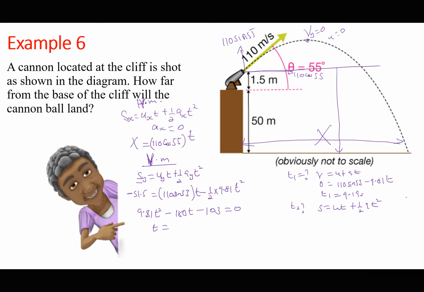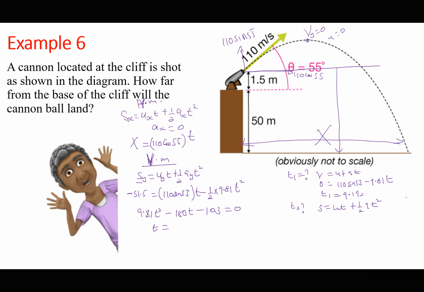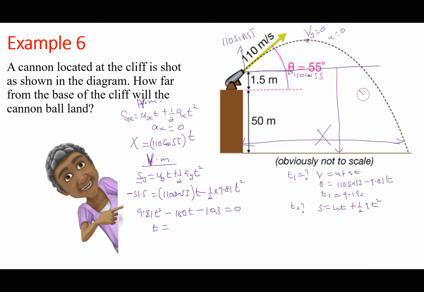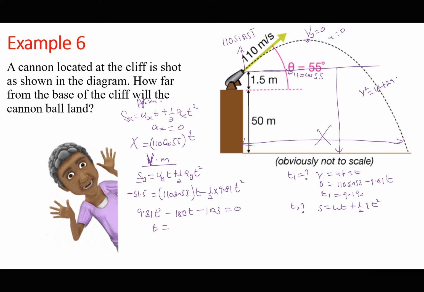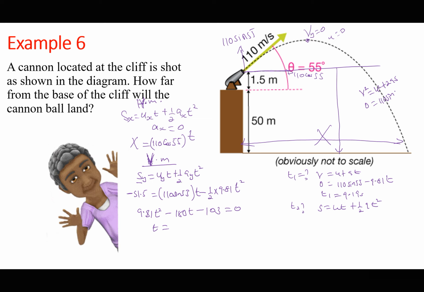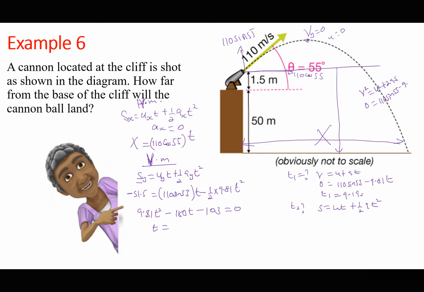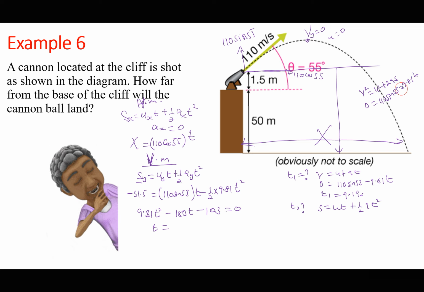So we're starting from the highest point. Unfortunately, we don't have S in the vertical. So that means I have again to find S in the vertical, but that is easy. V squared is equal to U squared plus 2AS in the vertical. 0 equals 110 sine of 55 minus 9.81 times H times 2.